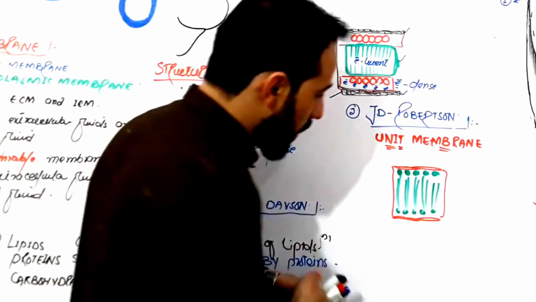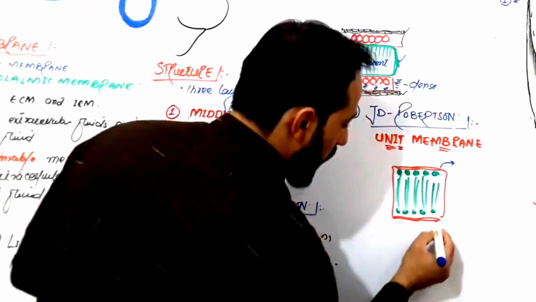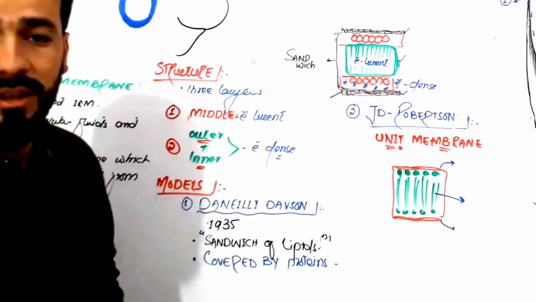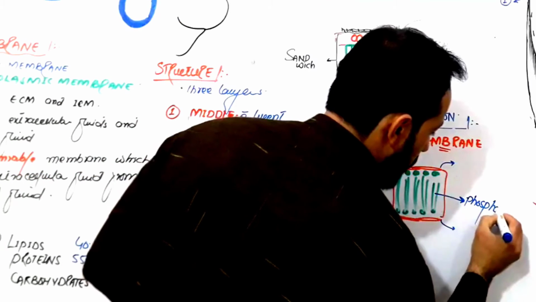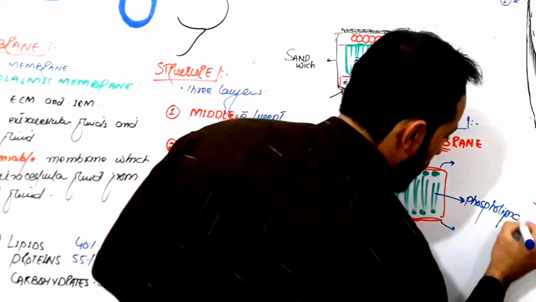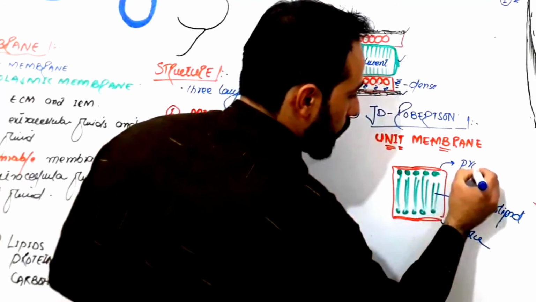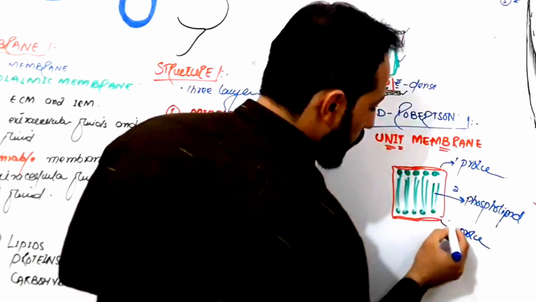A unit membrane consisting of how many layers? Three layers. The outer protein layer, the inner protein layer, and the middle phospholipid layer. So this is the phospholipid layer, and this is the protein layer, and it's also a protein layer. So how many layers? 1, 2, and 3.